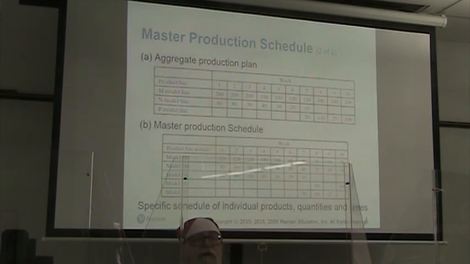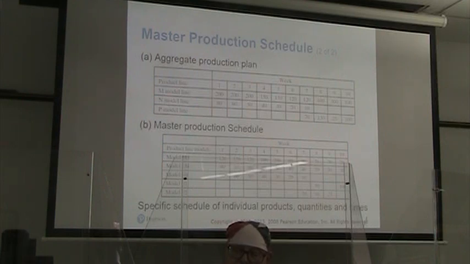So our aggregate production plan, this is a repeat of the chart that we saw before, but then it is breaking down the master production schedule. Instead of just saying the M model line, we have the model M3s and the model M4s. And it gives the number that is planned to produce for each of those.